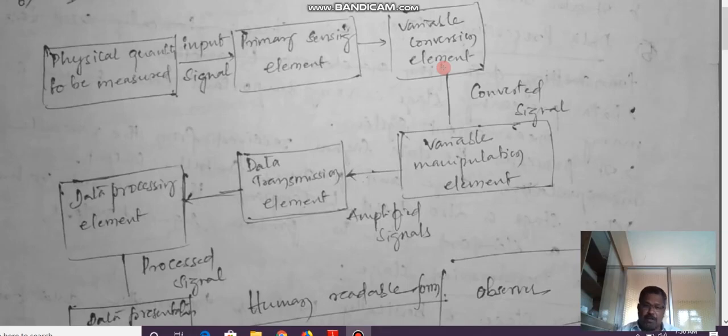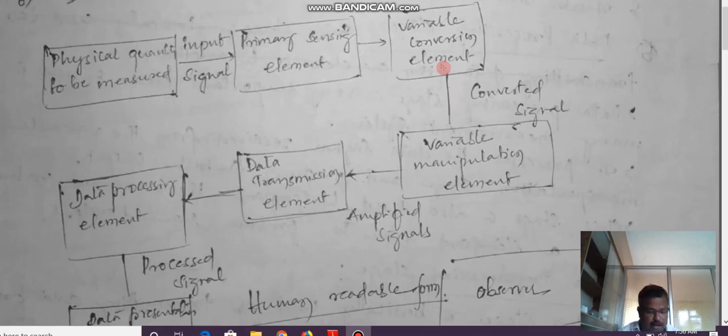So sometimes when noise or any disturbance is present, it can be removed. In the manipulation stage, the output of the variable conversion stage is also manipulated and amplified, and it removes the noise if present in the signals. It is then sent to the data transmission element.